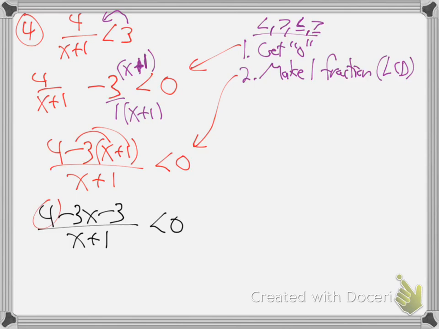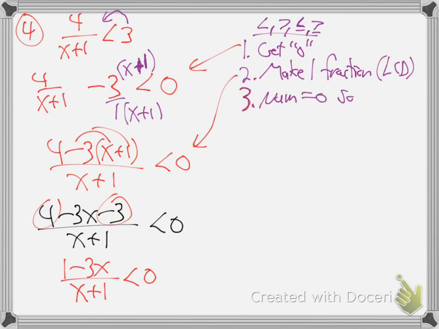And that's 4 minus 3, 1 minus 3x over x plus 1 less than 0. Okay, step 3, we set numerator equals 0 and denominator equals 0. Solve both the numerator and denominator equals 0.